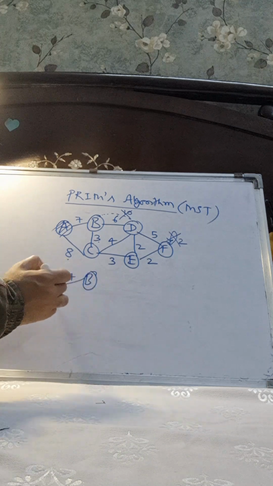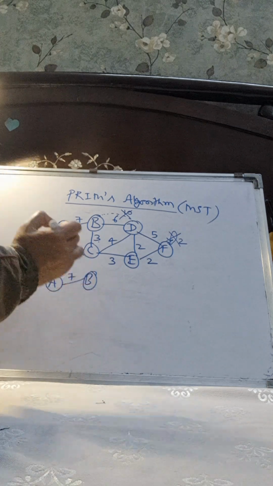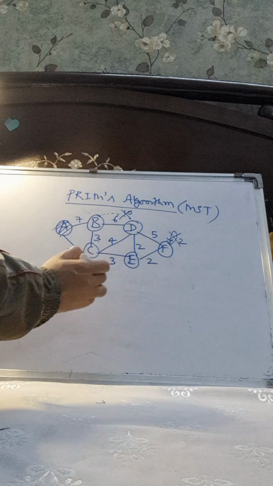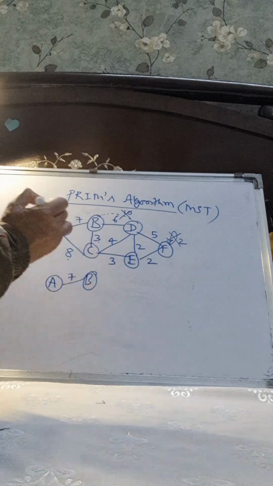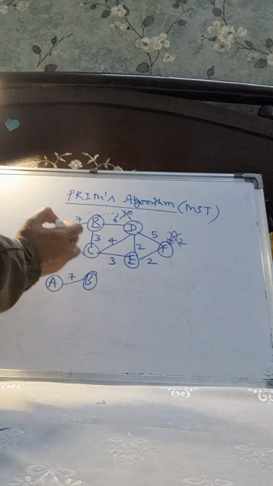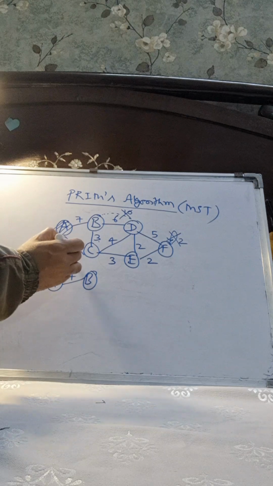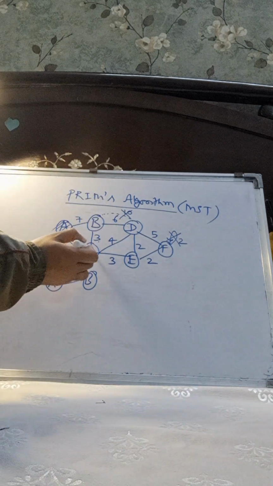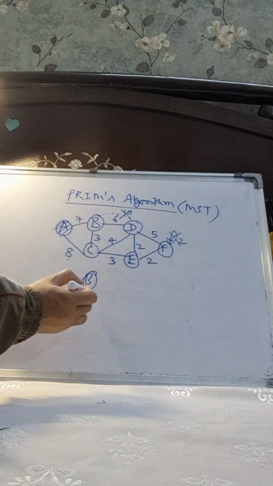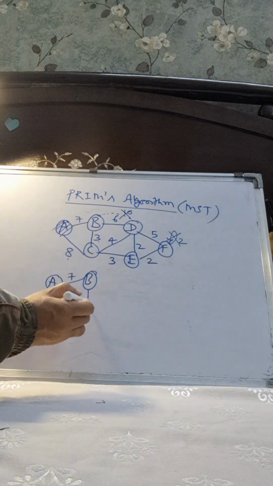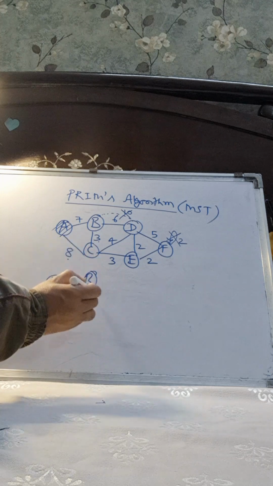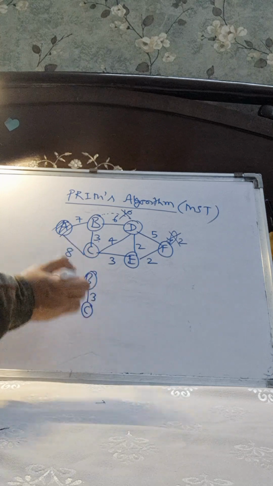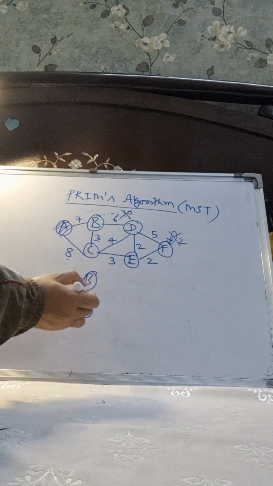We check out of the incident edges starting from B as well as from A, which is minimum. Out of 8, 3 and 6, 3 is minimum. We will include that edge in our solution, taking the edge of cost 3 and including another vertex C.